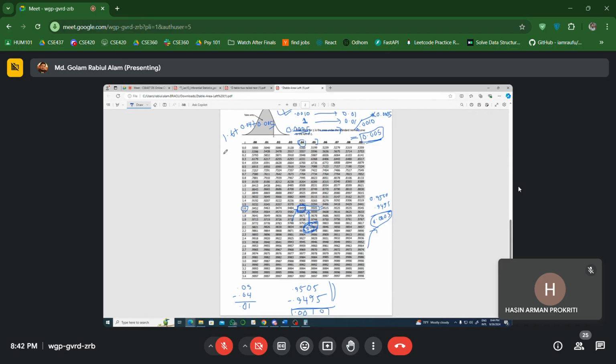So we will get 1.6, then 4, then 5. This will be the standard deviation for that case. Though we calculated linearly, the actual value is non-linear, but this is an estimation, just an estimation. So 1.645.